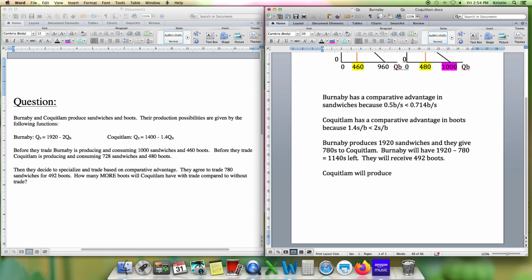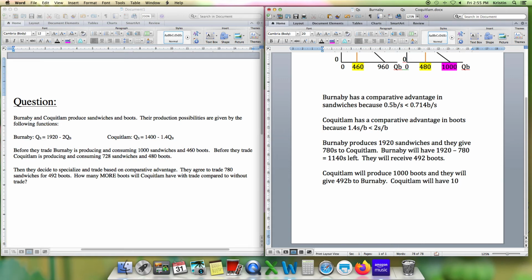So they will produce 1,000 boots, and they will give how many boots? Well, 492 boots to Burnaby. And how many do they have left? Now we have to subtract.